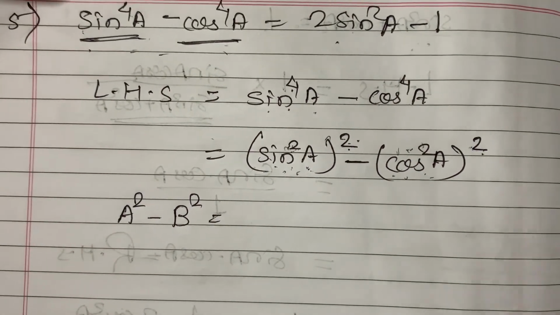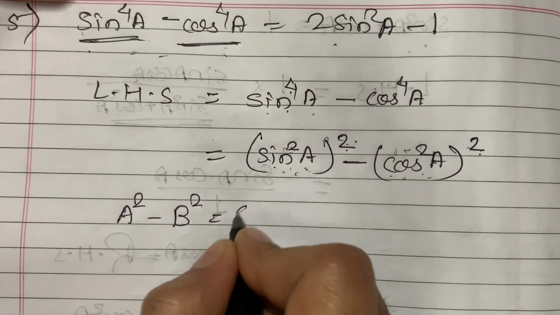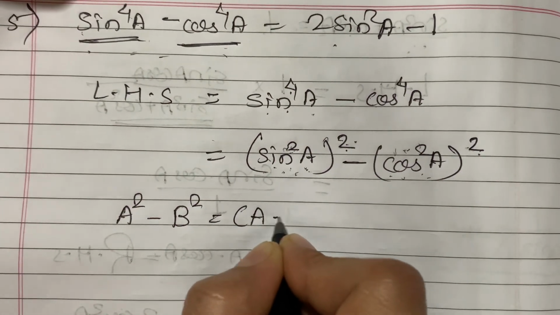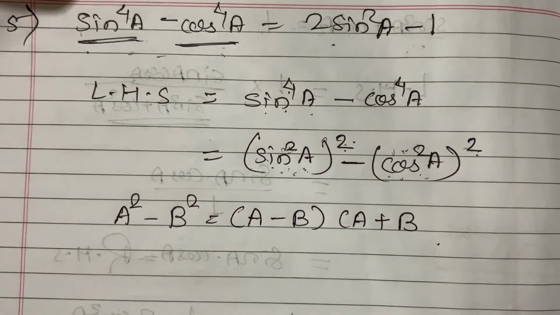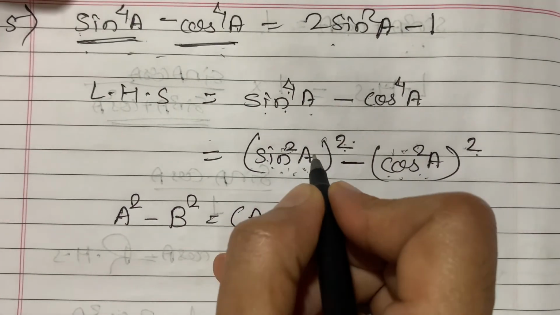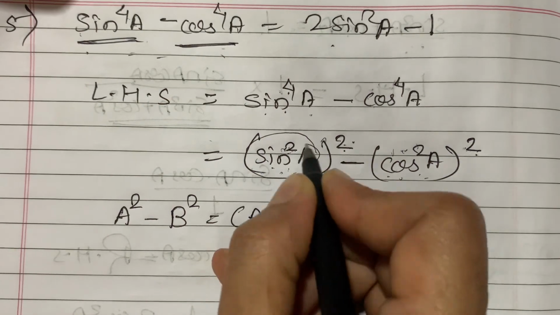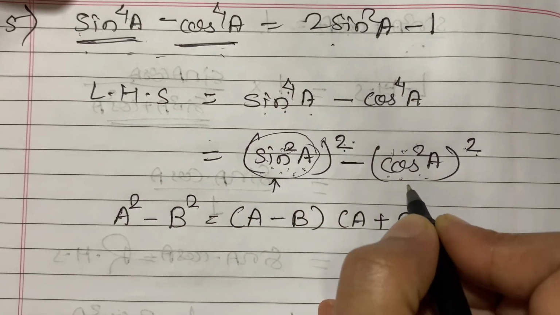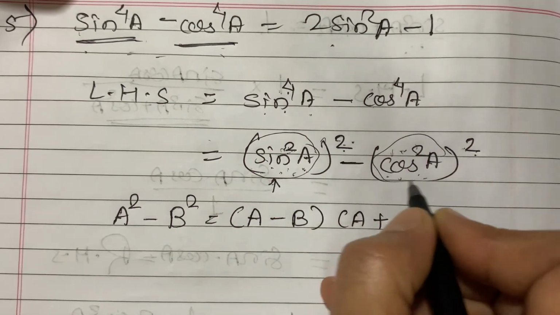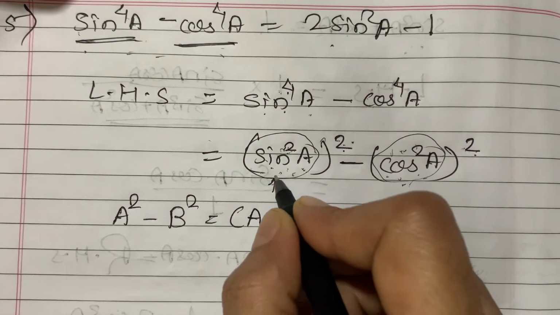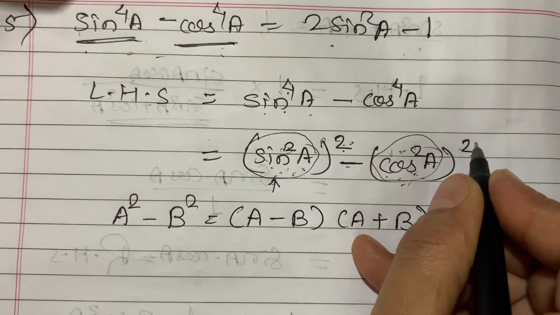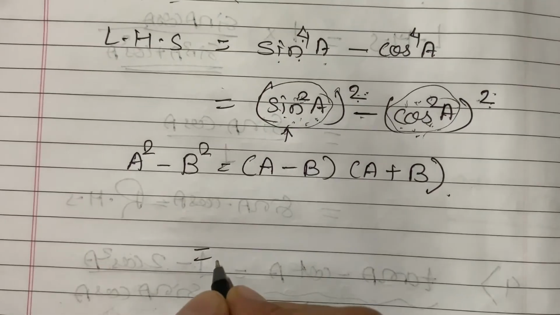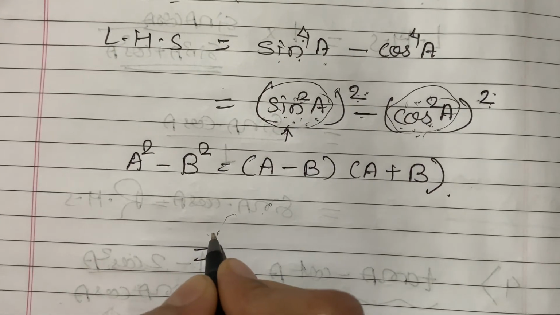What is the expansion formula of a square minus b square? It is a minus b into a plus b. So this sin square acts as a, and cos square acts as b. So how can I simplify this? By using the expansion formula.